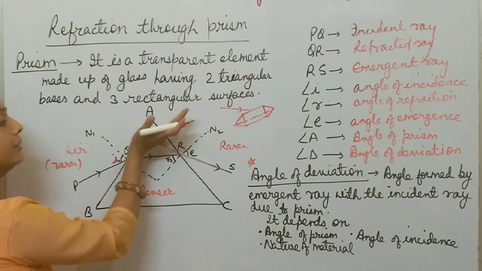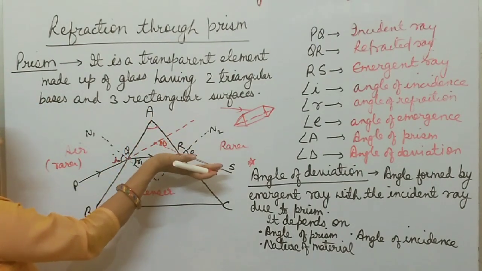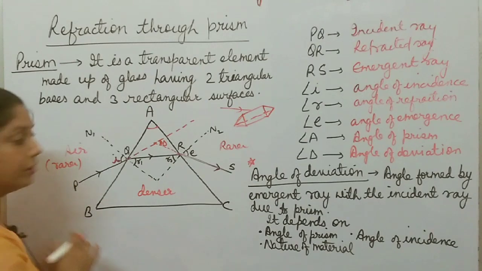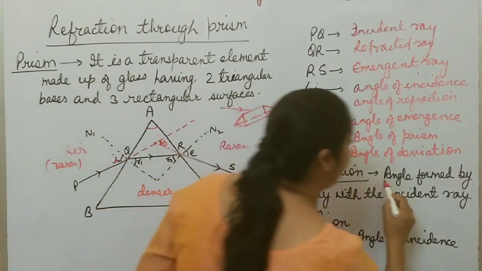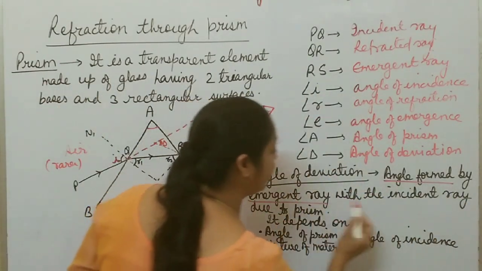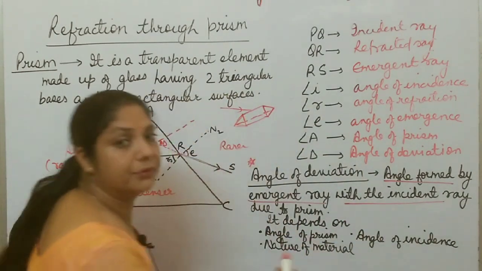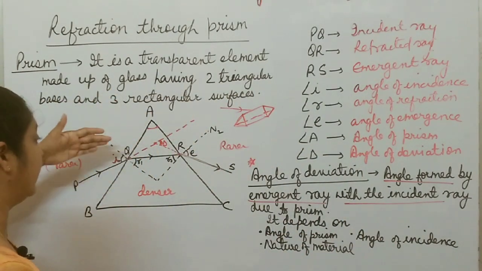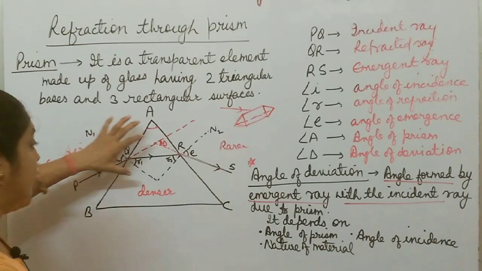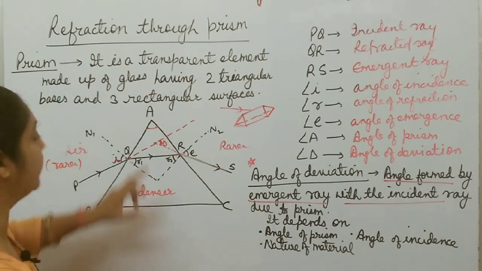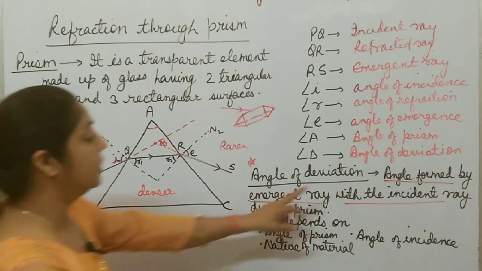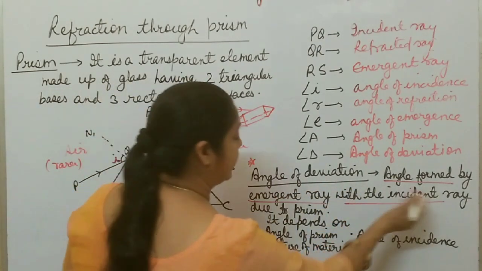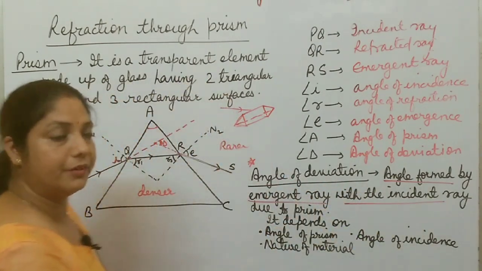So the angle between this incident ray and the final emergent ray is called the angle of deviation. You can write it this way: the angle formed by the emergent ray with the incident ray due to this prism only. If there is no prism, then there is no deviation of light. This angle of deviation is only due to the prism.